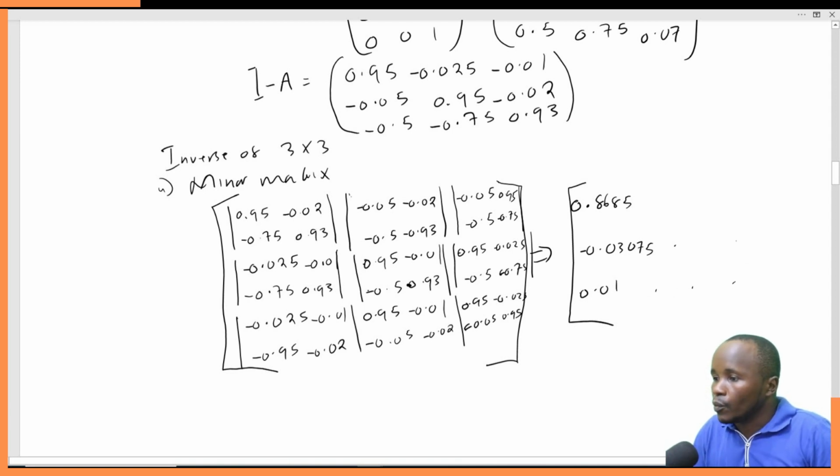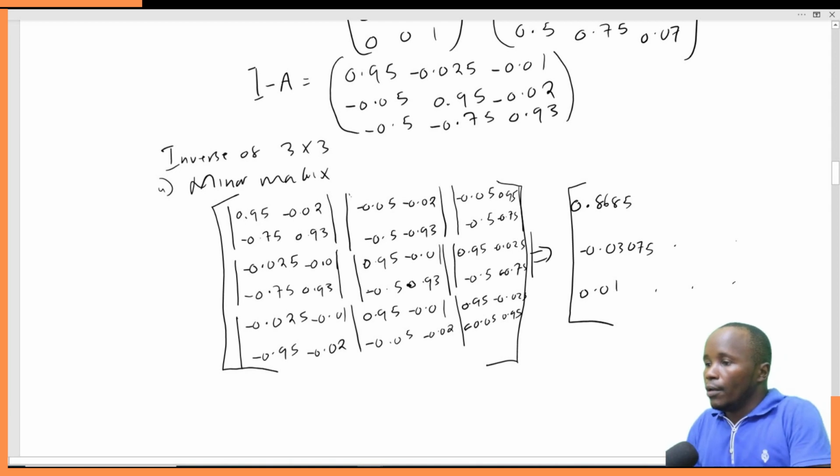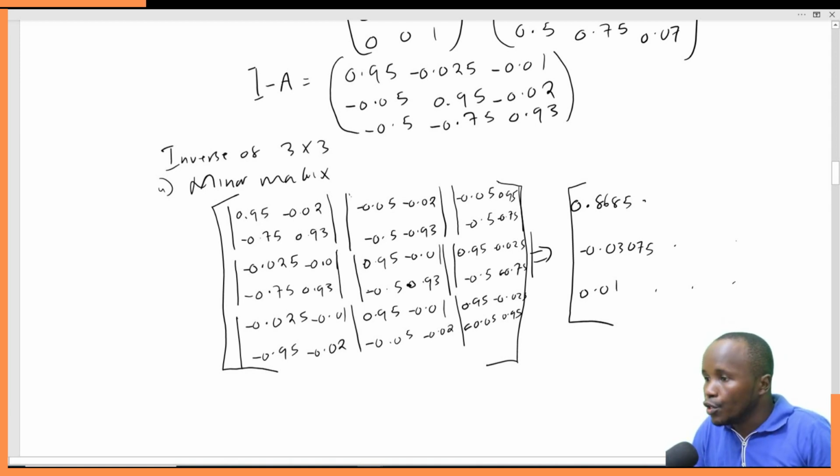This was 0.0565, this is negative 0.8785, and this was negative 0.1.